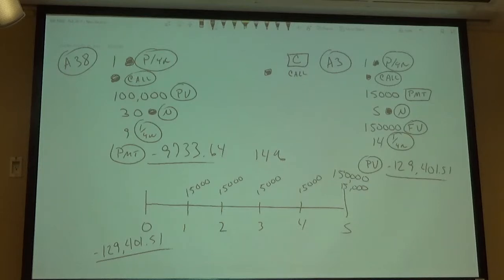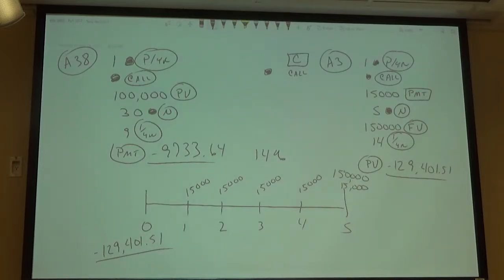Now let's yet again, like we've done previously, do the simple math. $15,000 a year for 5 years is going to be what? 15,000 times 5 years, $75,000. Okay, $75,000 of operating income, if you will.